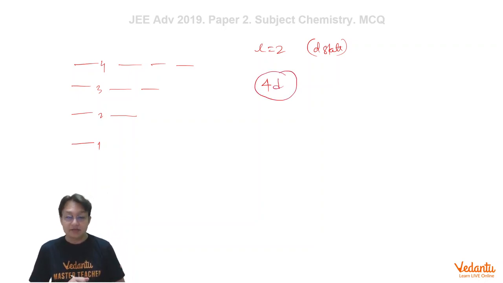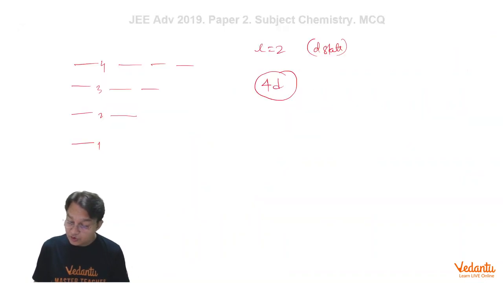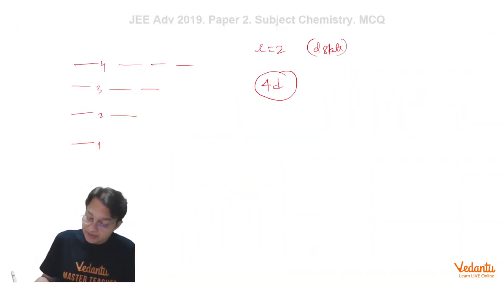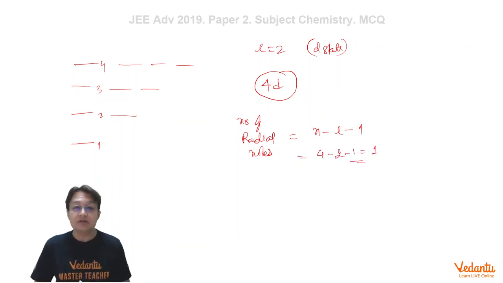Now in this 4D state, the question says it has 3 radial nodes. No question of this, because 4D has only one radial node. Use the formula that number of radial nodes is equal to n minus L minus 1, and you can clearly see that n here is 4, so 4 minus 2 minus 1 is equal to 1. So radial nodes is equal to 1.